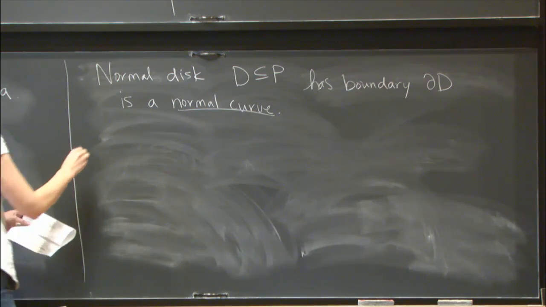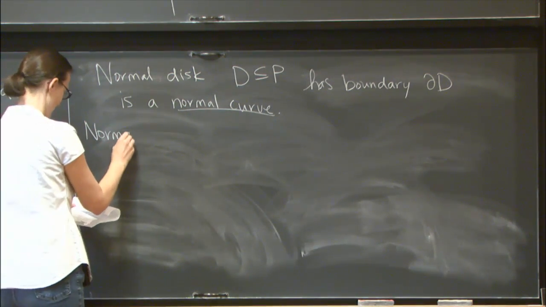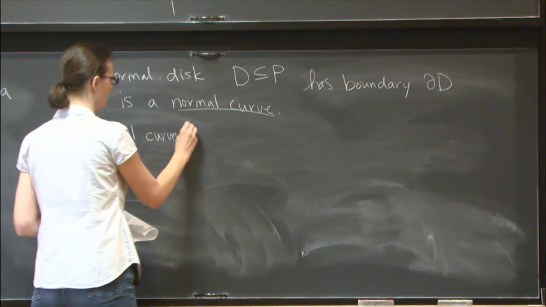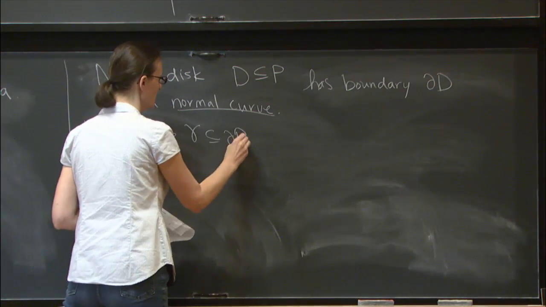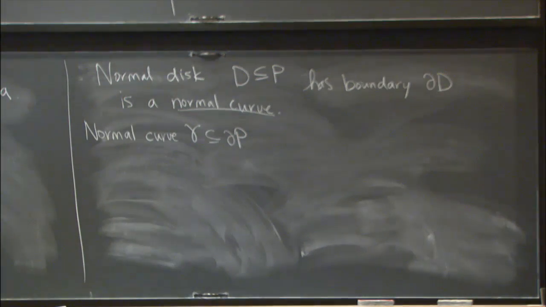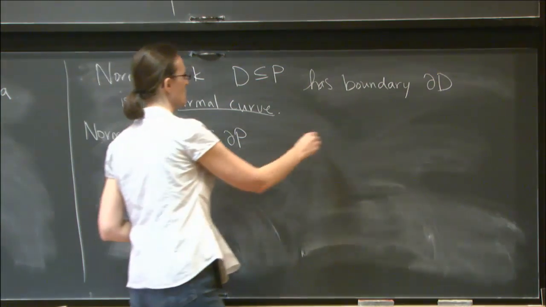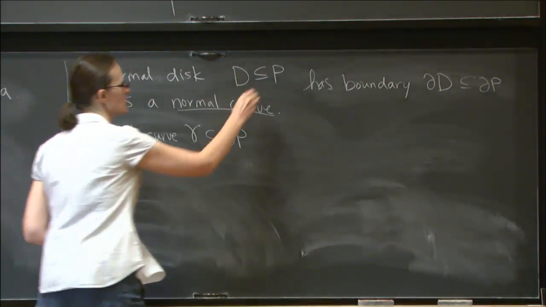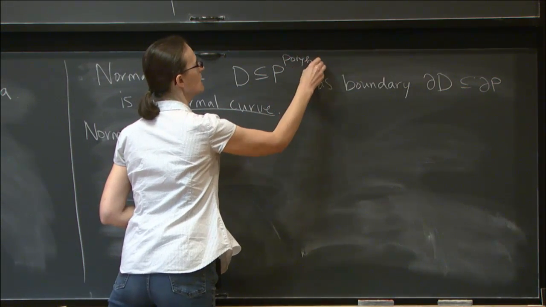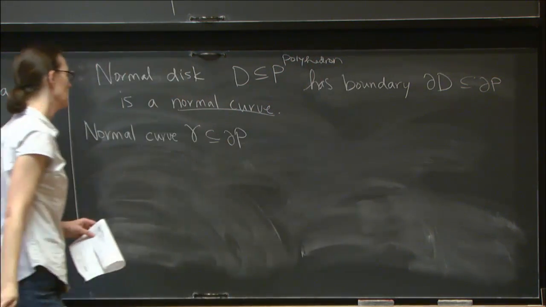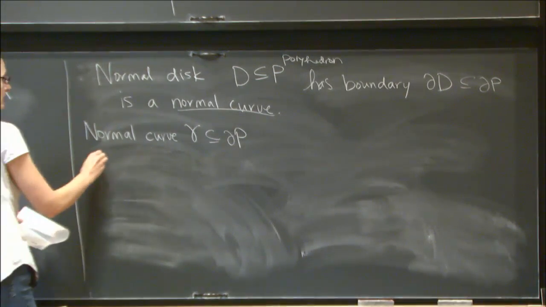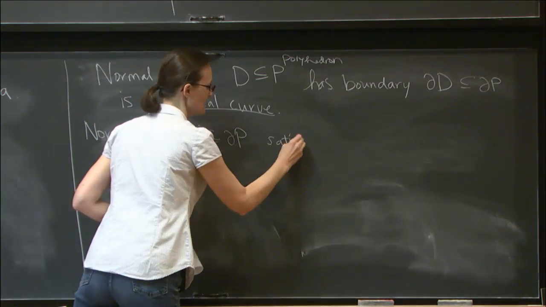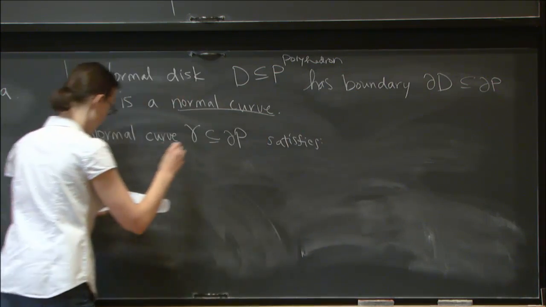So let me define a normal curve. A normal curve sits in the boundary of the polyhedron, and it satisfies the following properties.